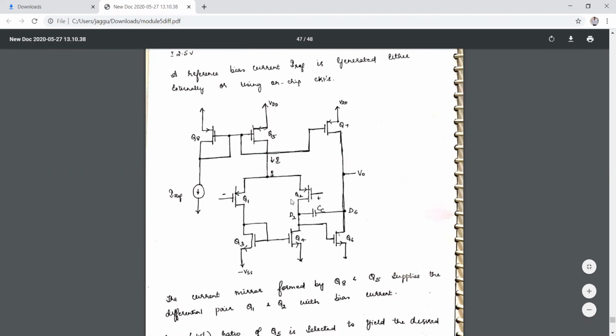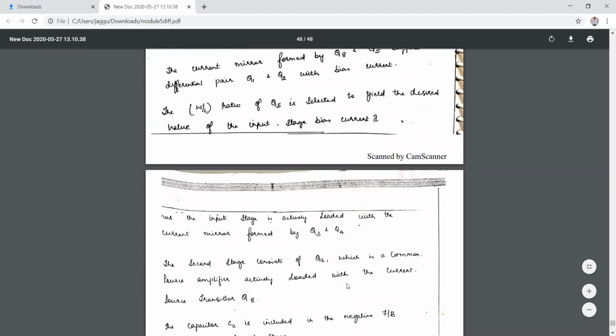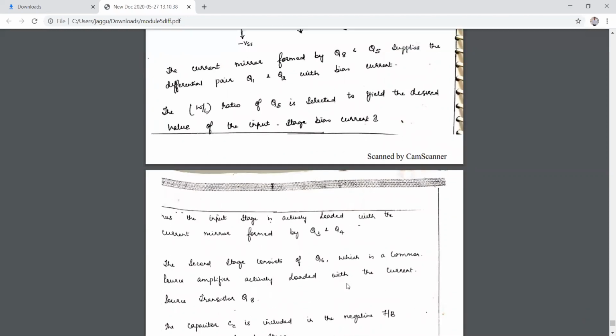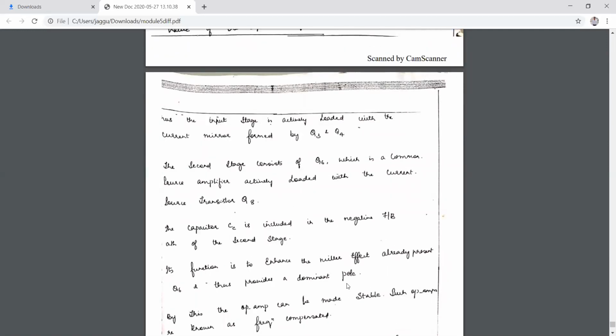Towards the load side you have two transistors, a PMOS Q7 and the Q6 transistor. By selecting the current and proper W by L ratio of the individual transistors, the operation can be achieved nicely, and you require an additional capacitor included in the negative feedback.